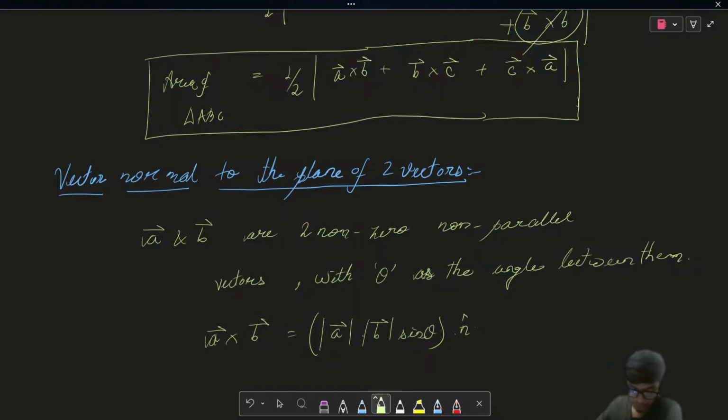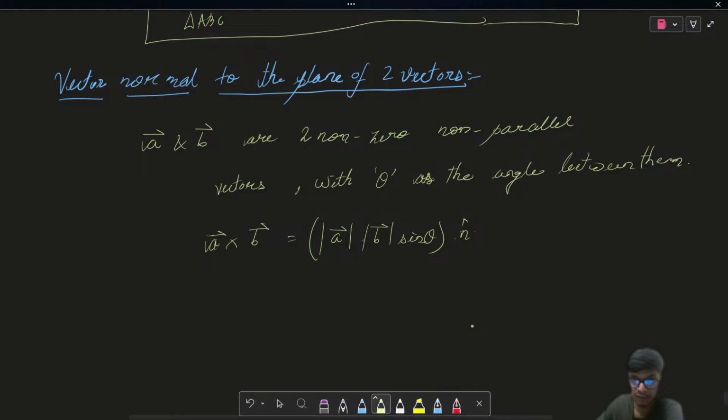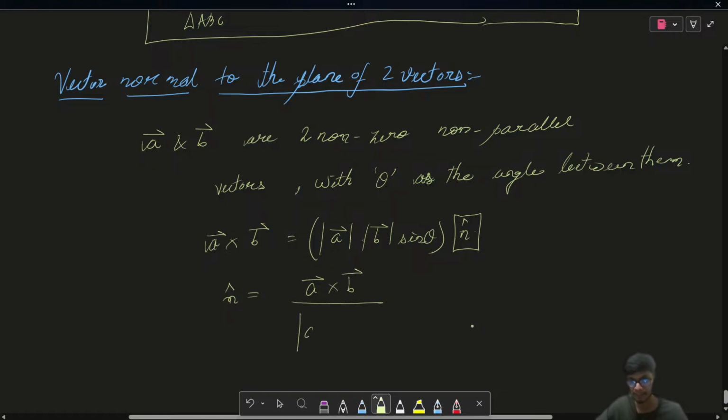Therefore, what I'm more interested in is how I can find the direction of any vector which is perpendicular to the plane of these two vectors. In that case, I just need to evaluate the n cap, which will come out as a vector cross b vector divided by mod a vector, mod b vector and sine of theta.